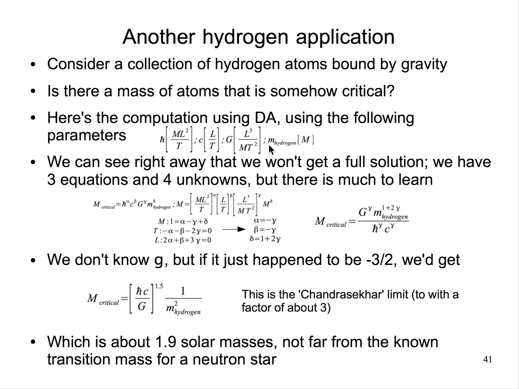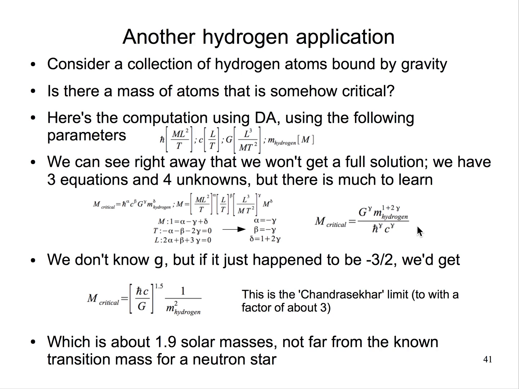They're bound by gravity, and the mass of a hydrogen atom. Once again, we have 4 parameters and 3 equations, but let's go through it. We do some arithmetic, and we can say this. We don't know what gamma is, but alpha is minus gamma, beta is minus gamma, and delta is 1 plus 2 gamma. So we get this structure here, still not knowing gamma.